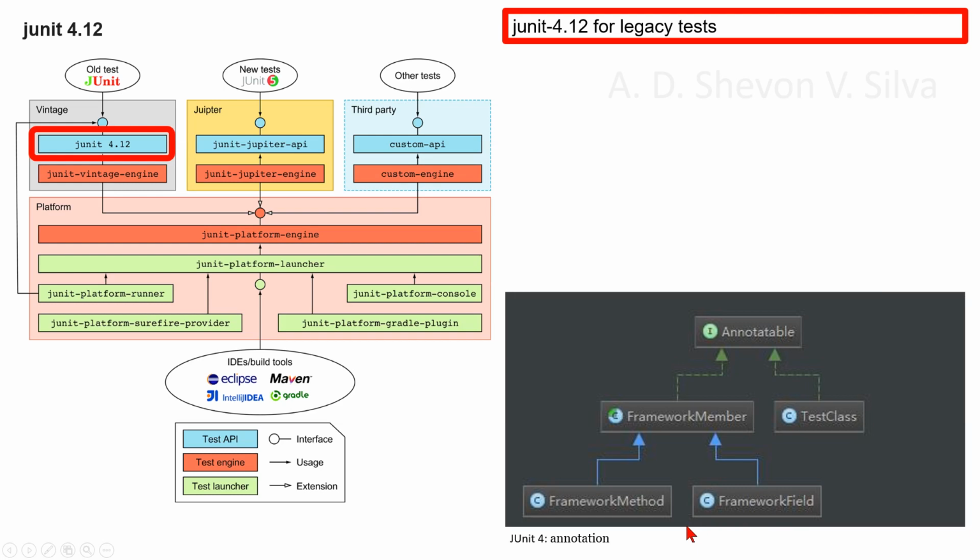JUnit uses FrameworkField and FrameworkMethod, which inherit from FrameworkMember. FrameworkField maintains a private object of class Field which is used in reflection. So does FrameworkMethod.